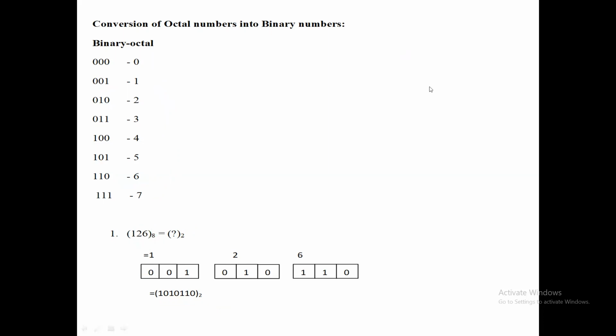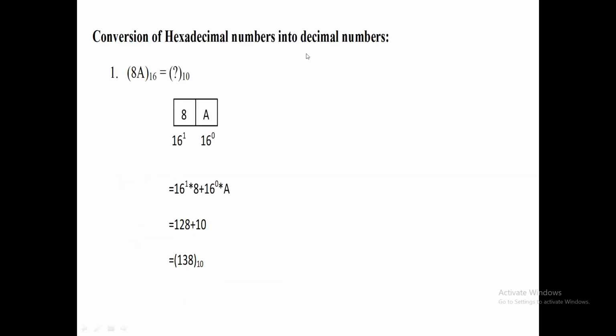The next one is conversion of hexadecimal numbers into decimal numbers. This is also done with the help of the positional values again, but this time the positional value starts with 16 power 0 and moves towards 16 power 1, 16 power 2, and so on based on how many digits are available in that hexadecimal number. Okay, so it is given as 8A to the base 16. So I will write down the digits over here and write down the positional values in the corresponding positions.